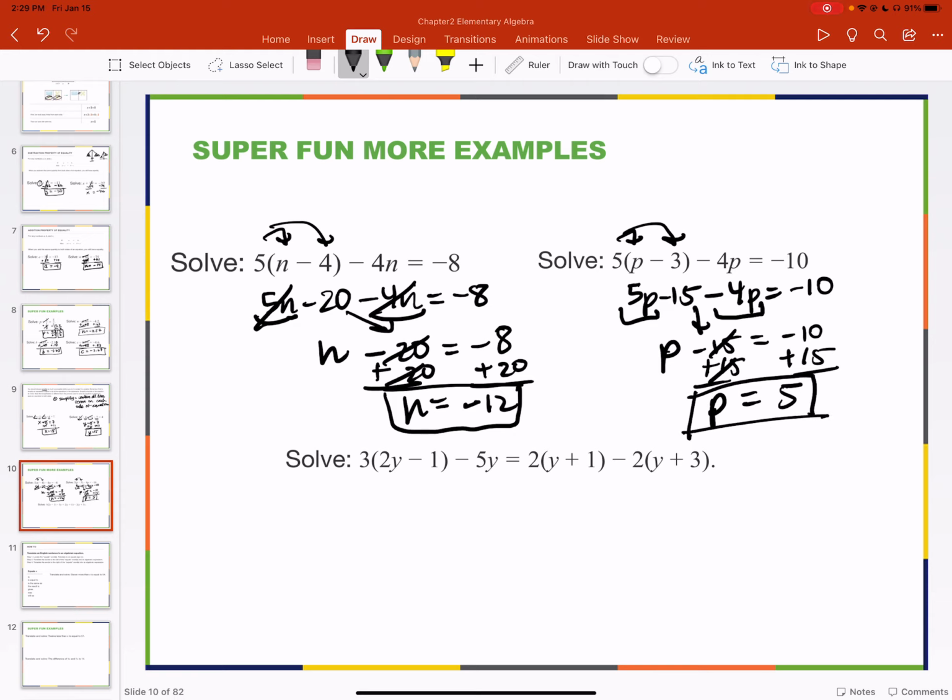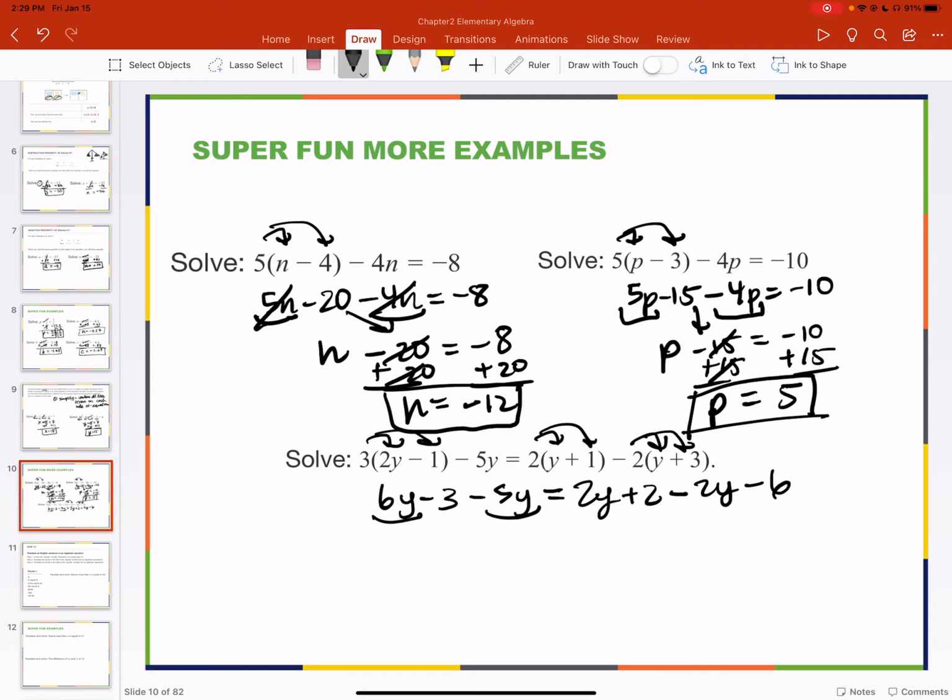Okie doke. So let's do this last example. We're going to distribute the 3. That's going to be 6y minus 3 minus 5y is equal to, and let's distribute this and this. So we have 2y plus 2, and then the negative 2 distributes to negative 2y minus 6. So now on the left-hand side, we'll do like terms. 6y minus 5y is just 1y, or just y.